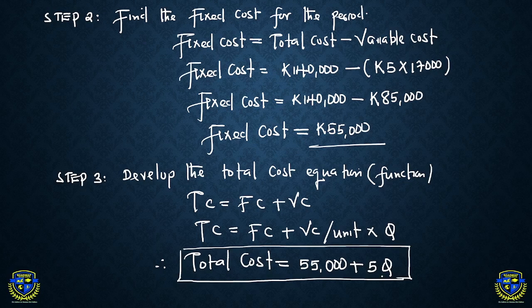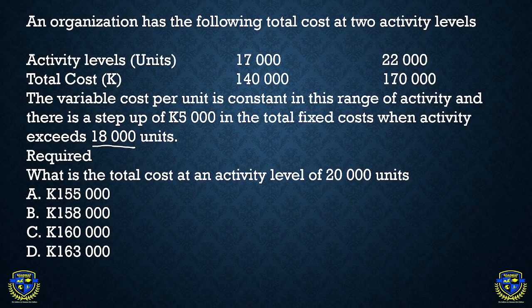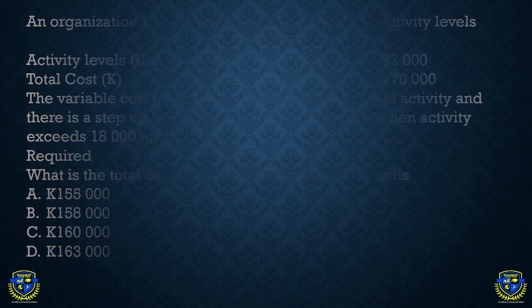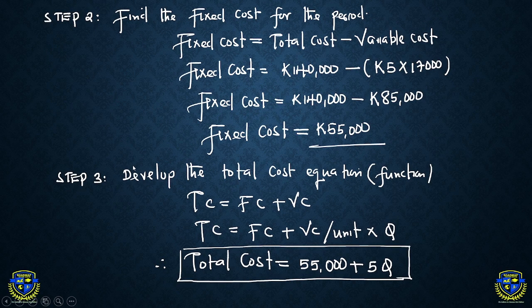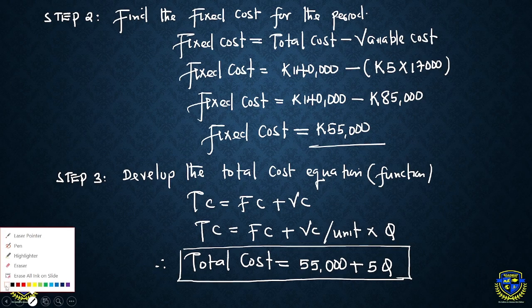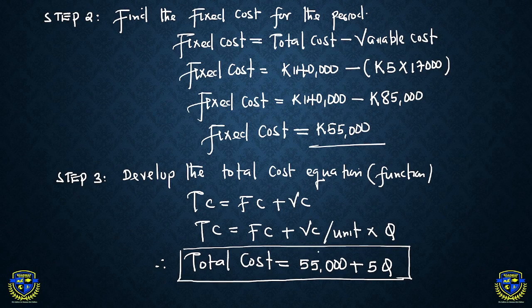So look at the question. The question was saying, what is the total cost at an activity level of 20,000 units? So we'll go back where we shall say, okay, we want to find the total cost where our level of activity was 20,000.